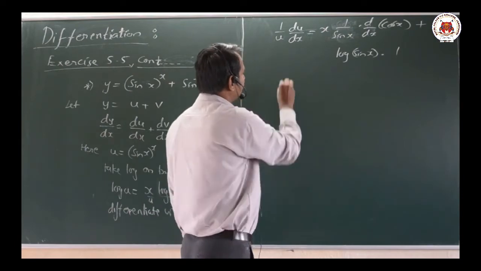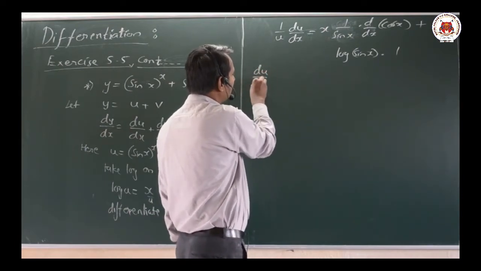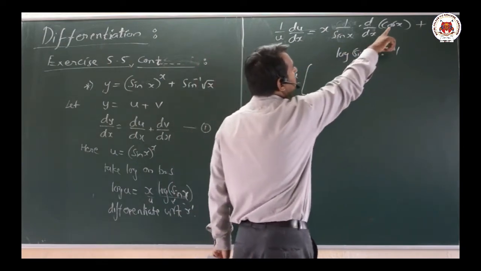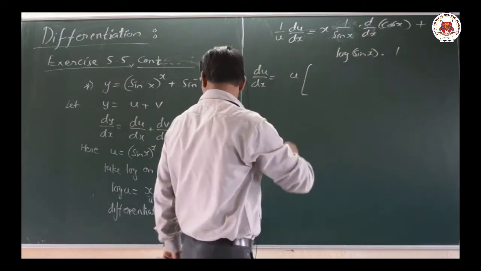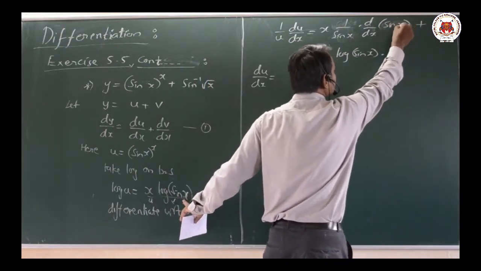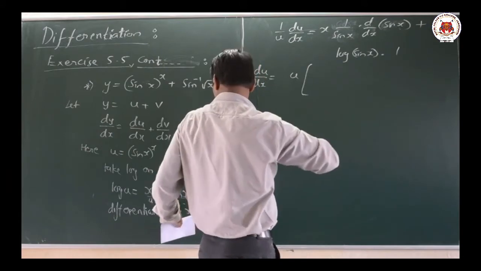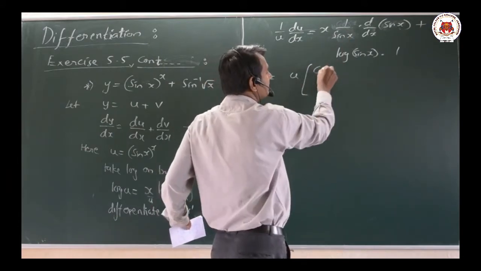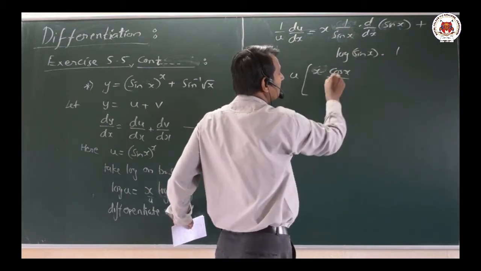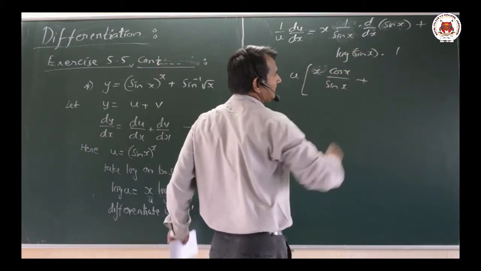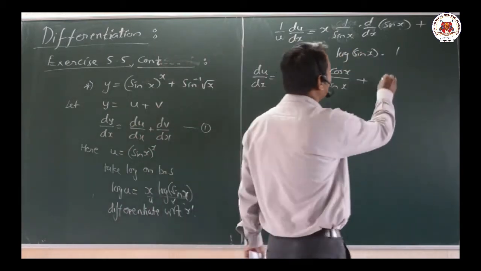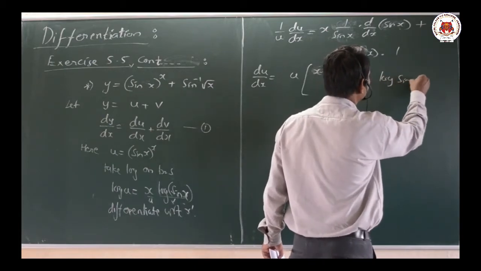I will continue it. So what we have here is du by dx equal to u into, further differentiation of sin x, because differentiation of sin x will be cos x, whole divided by sin x, plus the next part log of sin x as it is.